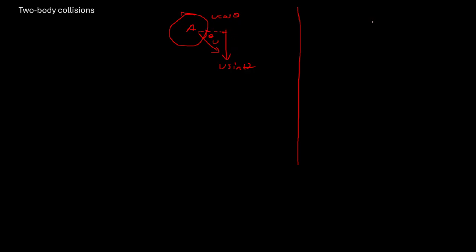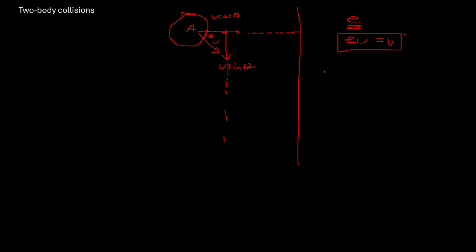My friends, you should understand that this only applies when the velocity is perpendicular to the barrier or the wall. When you consider A, it has a velocity u cos theta this way, which is perpendicular to the wall, and a velocity u sin theta which is parallel to the wall. The velocity that is parallel to the wall will never get affected, and the velocity that is perpendicular to the wall does in fact get affected, and it follows this formula.